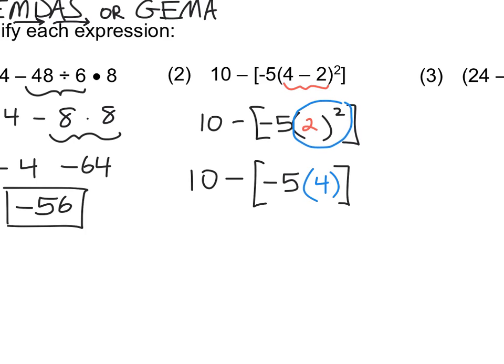All right. So still in the parentheses, negative 5 times 4, negative 20. Minus a negative is positive, so we're going to distribute that negative. So 10 plus 20, 30.